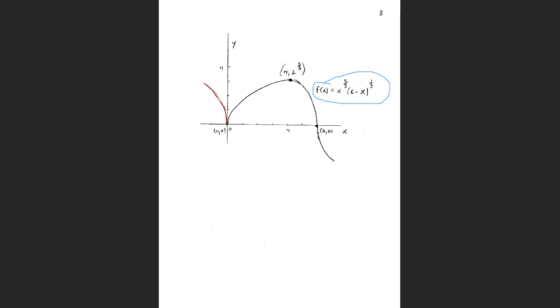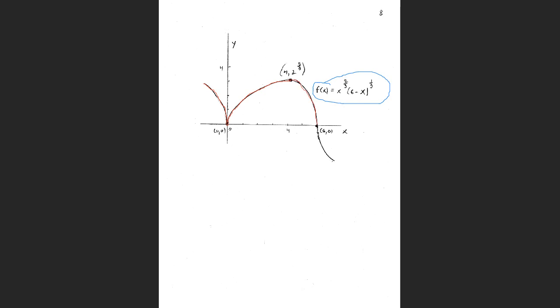Then the function starts increasing, but it stays concave down. The function increases all the way up till x equals 4. Then you have that local maximum at x equals 4. The function starts to decrease, but stays concave down. Then when x equals 6, the function has a vertical tangent.